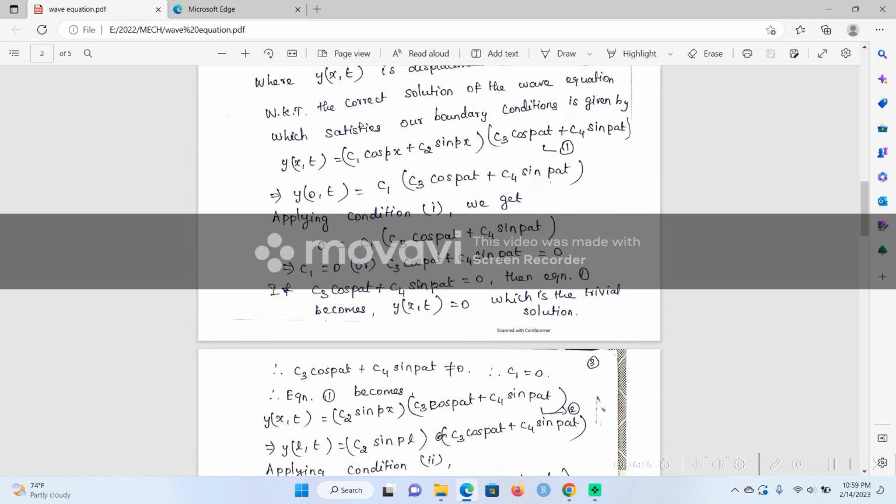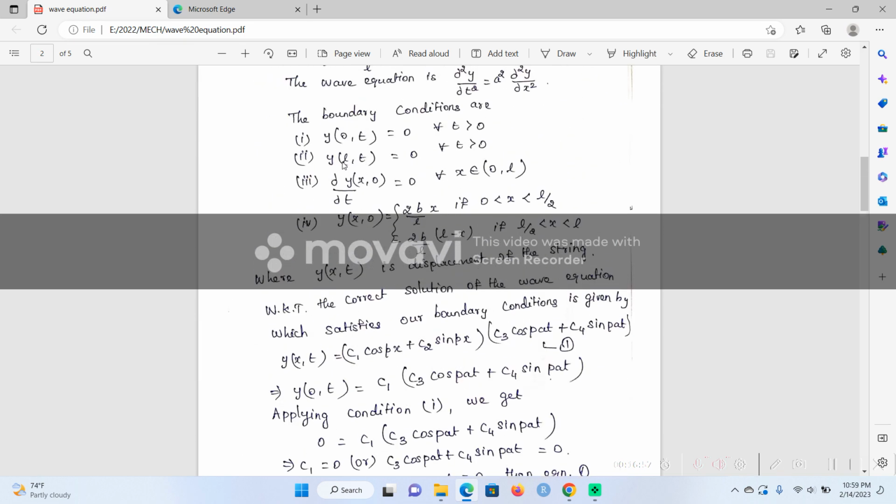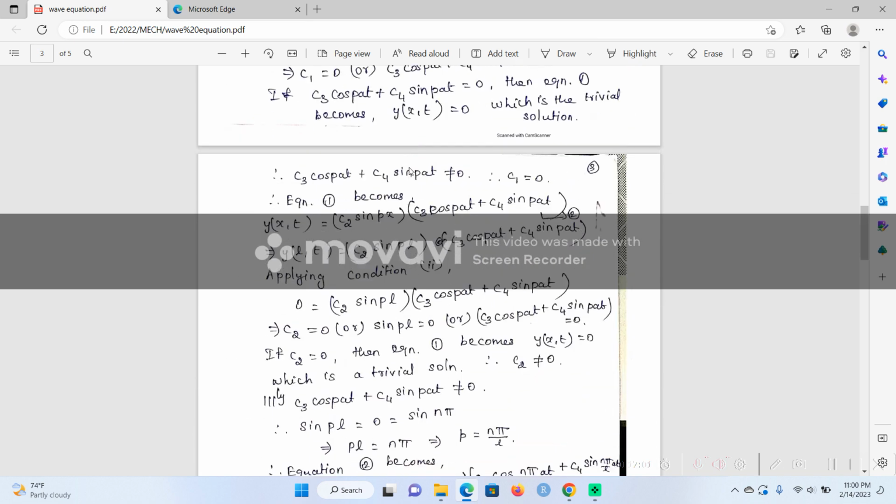Now applying condition 2. So what does condition 2 say? It is y of L comma t value will be 0. So I am putting that value as 0 here. So we have C2 sin pL, C3 cos pat plus C4 sin pat equal to 0. So in that we have either C2 equal to 0 or sin pL equal to 0 or C3 cos pat and this term equal to 0.